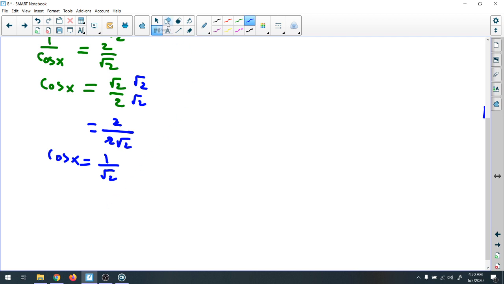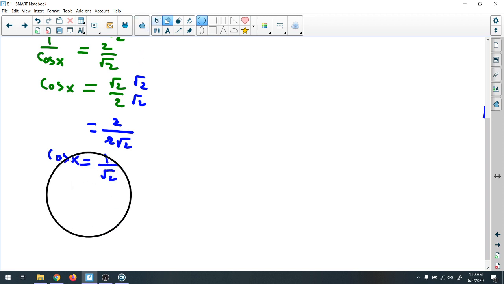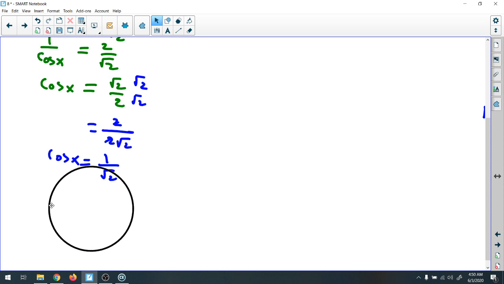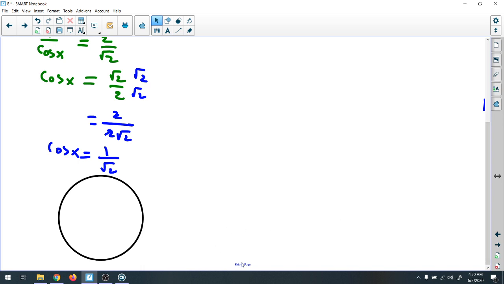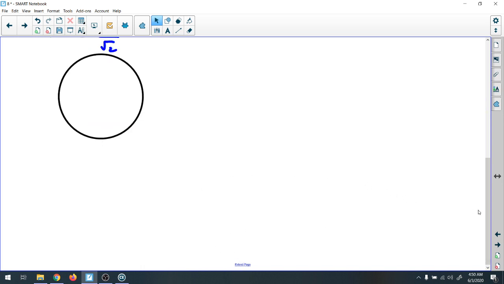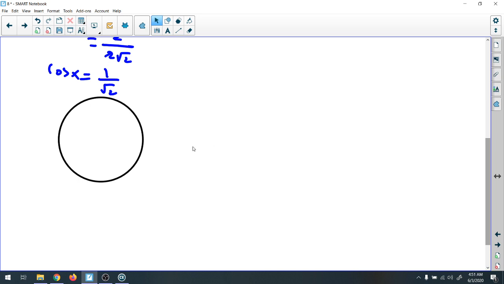So if we have our circle here, place more extension to it.